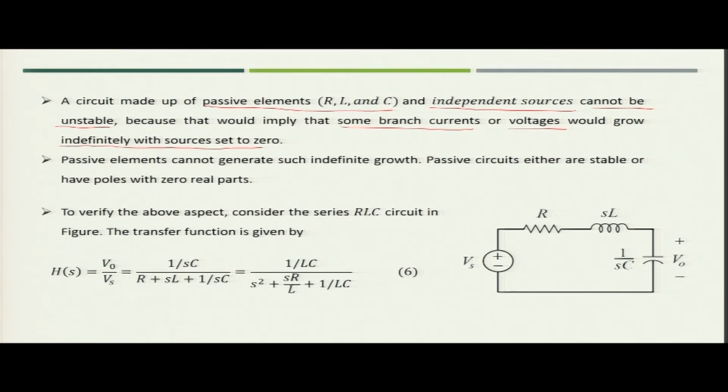So, let us verify our saying that a network of passive elements and independent sources will not be unstable.